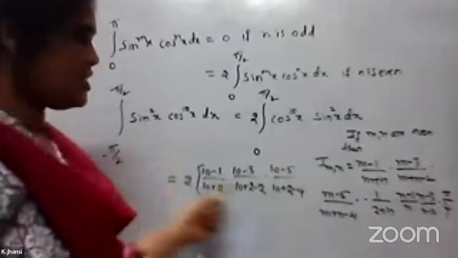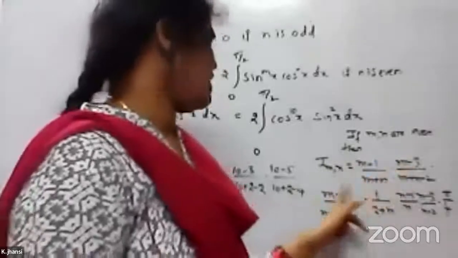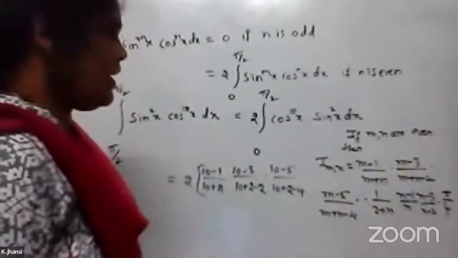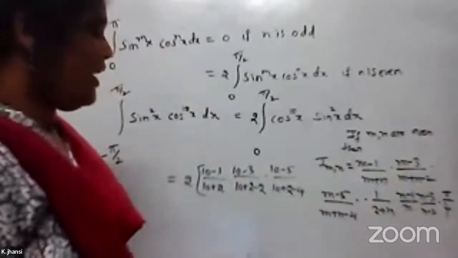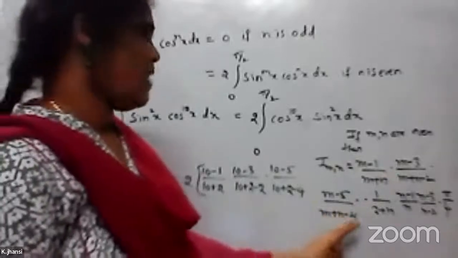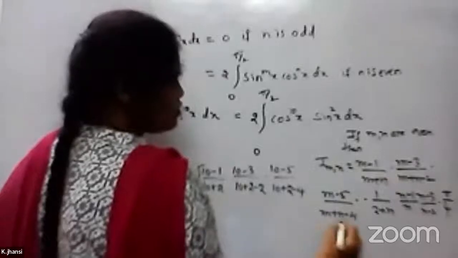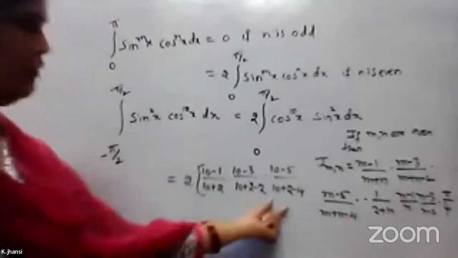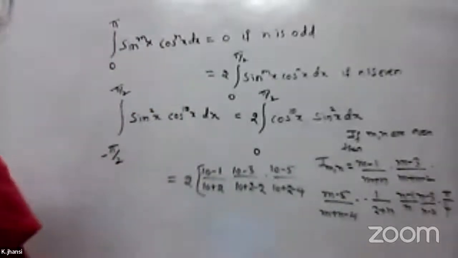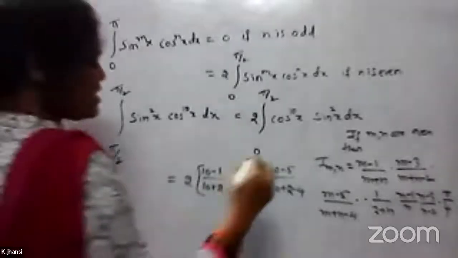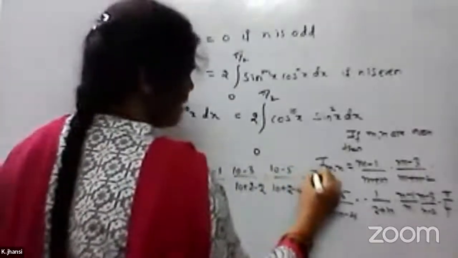Next term you will get 7: (10 minus 7)/(m plus n minus 6), that is 10 plus 2 minus 6. Up till here it's enough, and after that the last term you take as pi by 4.